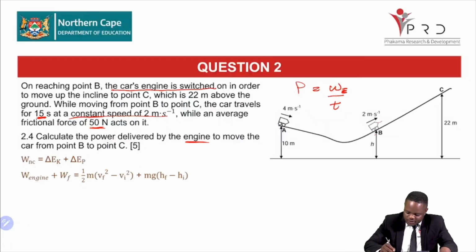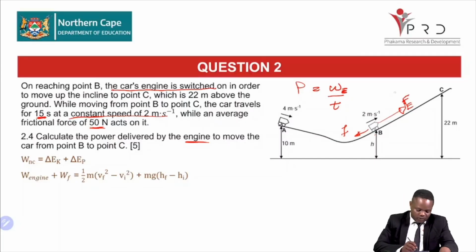We are having the force of the engine. Let me call it FA. The force of the engine, right? One non-conservative force. And then what else? The frictional force. These are the two non-conservative forces. So the work done there by the non-conservative forces is equal to the work done by the engine, the one that we need in our power formula there.